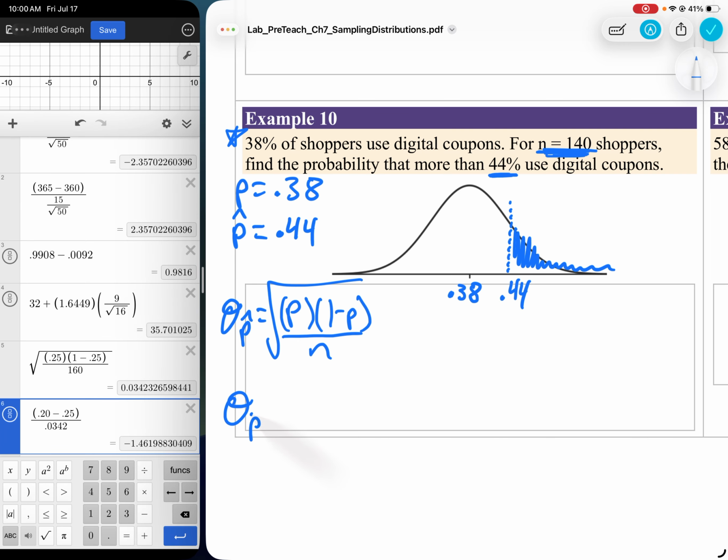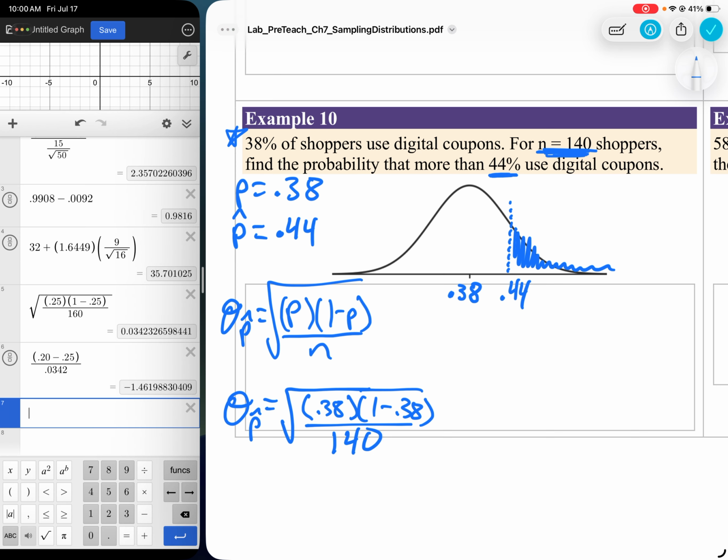So to get the standard deviation that we need for our calculation, I'm going to take the population proportion of 0.38 times 1 minus the population proportion, divided by the sample size of 140, all of which is underneath the square root. And now I'm going to go type that into Desmos.